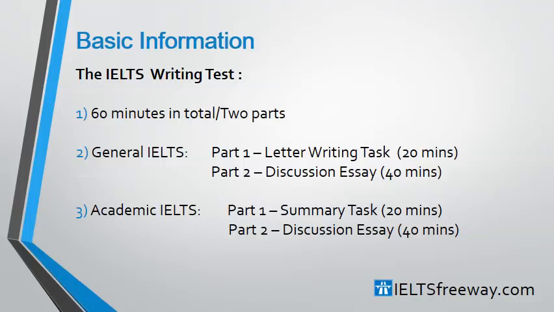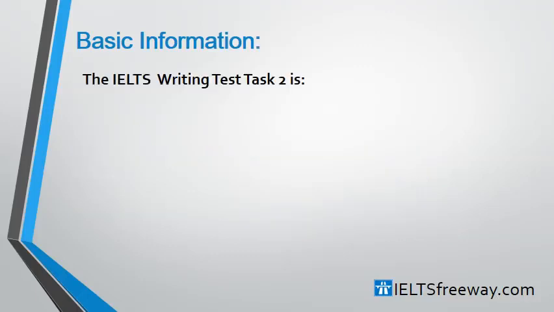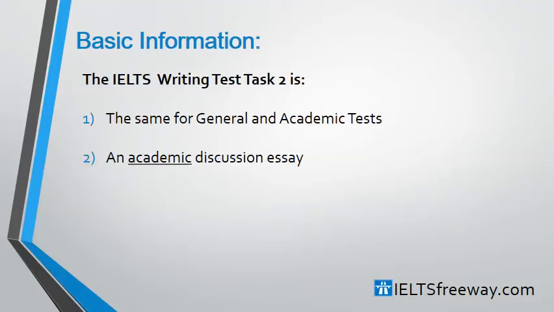However, Part 2 is exactly the same for both papers. It's a formal academic discussion essay. There are twice as many marks for Task 2 as there are for Task 1. So, if you want to improve your band score for your writing, it's particularly important to focus on improving your essay.